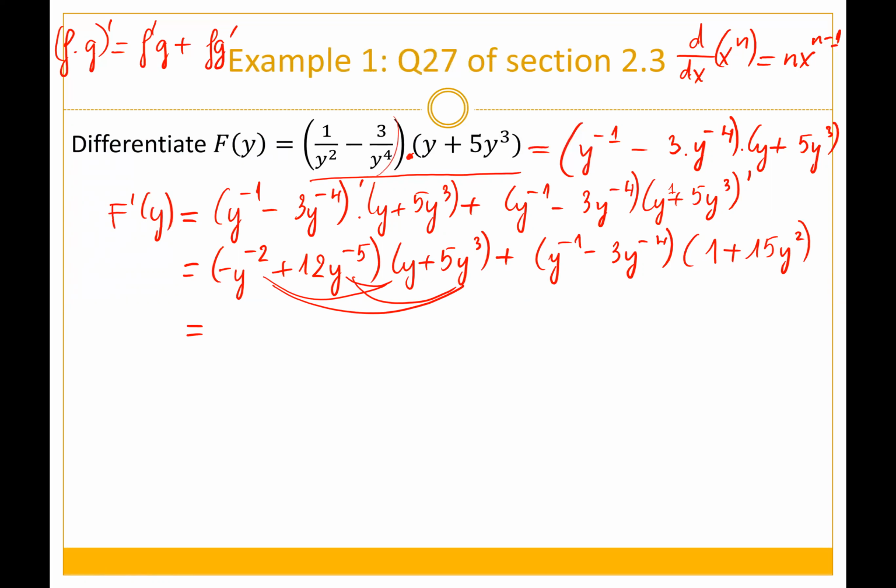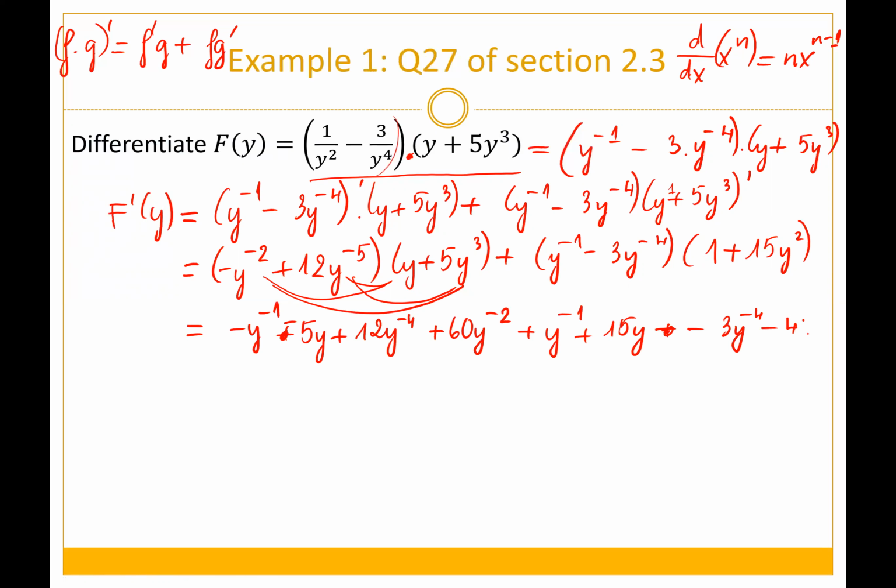So what we have here is negative y to the negative 1 plus 5, actually negative 5y, plus 12y to the negative 4, plus 60y to the negative 2, plus y to the negative 1, plus 15y, plus negative 3y to the negative 4 and negative 45y to the negative 2. And so this and this cancel out.